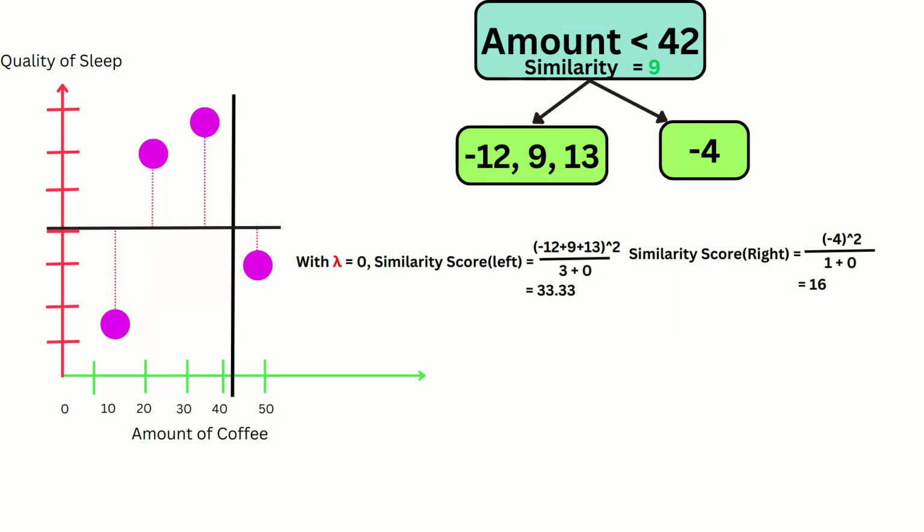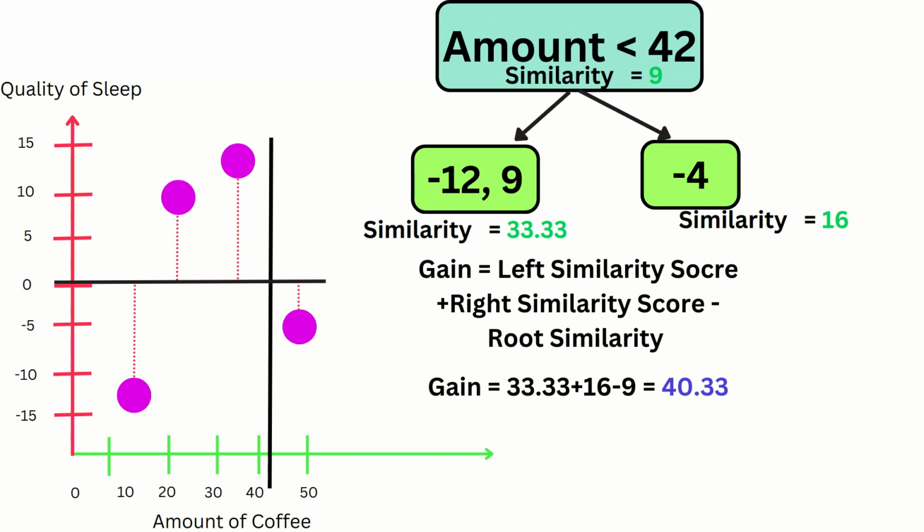For the left leaf we got 33.33 and for the right leaf we got 16. Here we are also using lambda equal to 0. Now we compute the gain at the threshold value of 42. We can see the gain is 40.33.